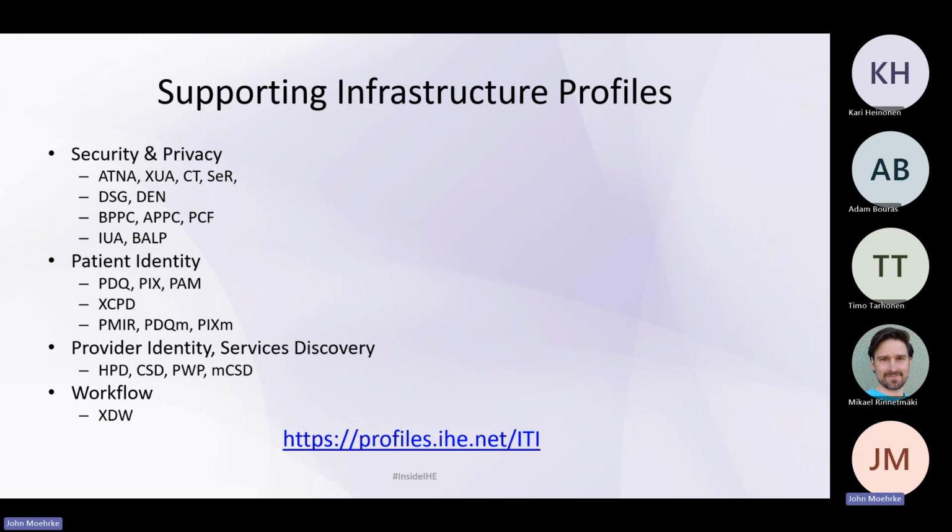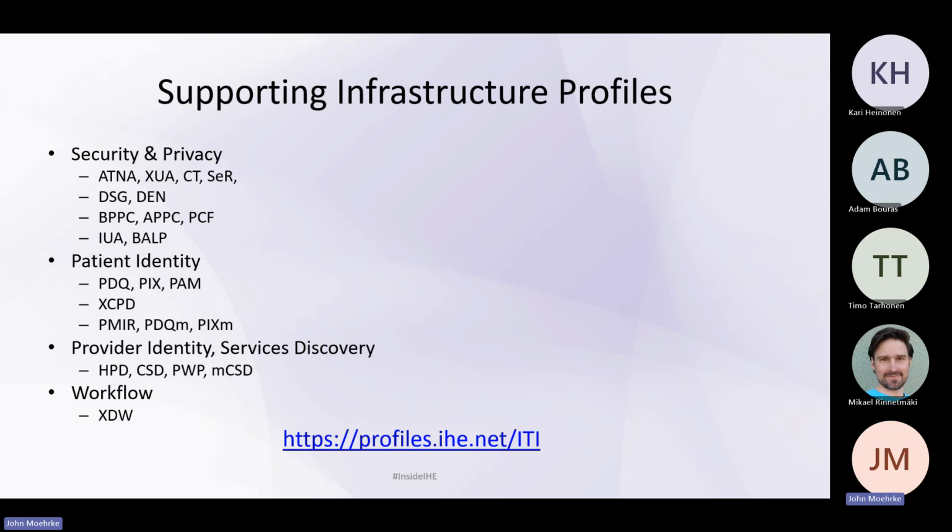At this point, I'm going to say there's a bunch of other profiles. I've spoken to a few of these as we're talking, like XCPD, right there in the middle of the screen. XCPD is a mechanism for searching patient identities. It's a way especially for cross-community access.